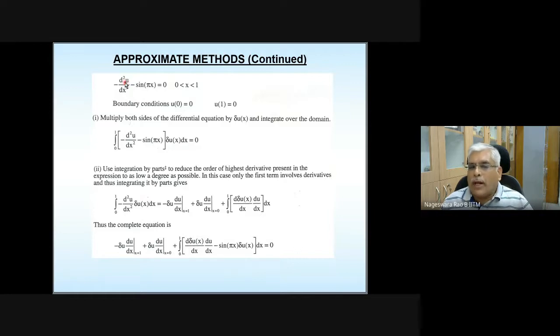Whatever quantity you are trying to approximate, you multiply the governing differential equation on either side with variation of that quantity. So variation of u, I need to multiply on both sides and integrate over the problem domain 0 to 1. That is the first step. Please take a note of it.